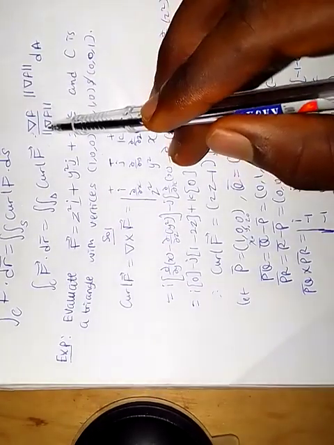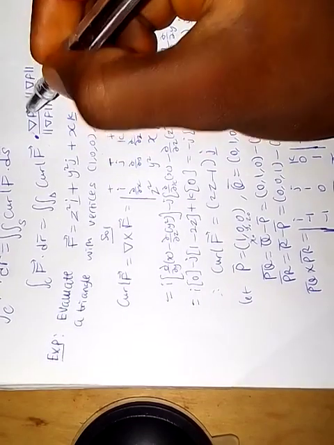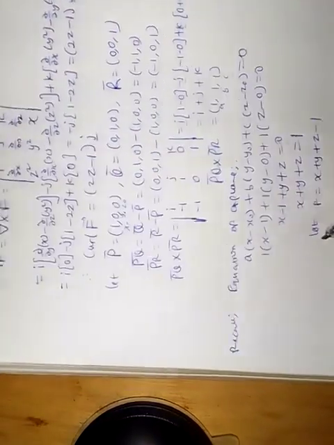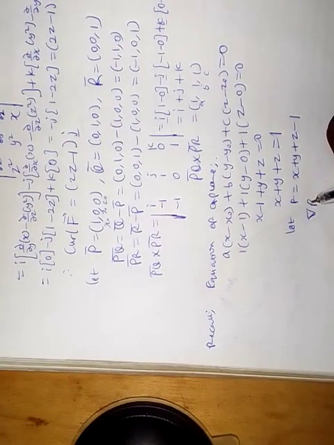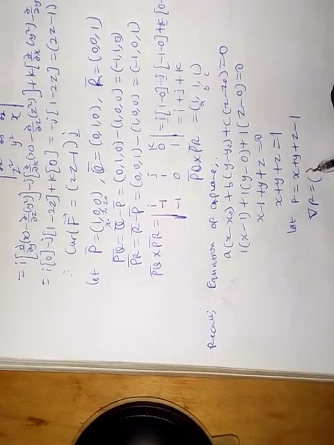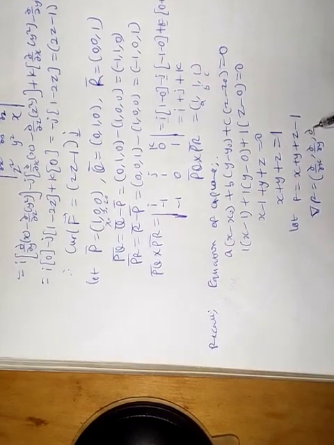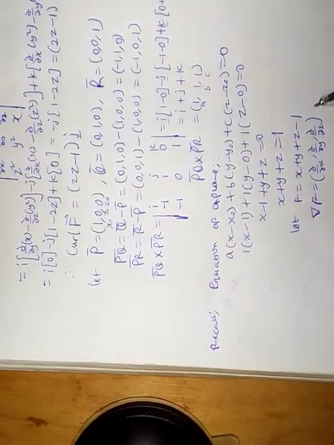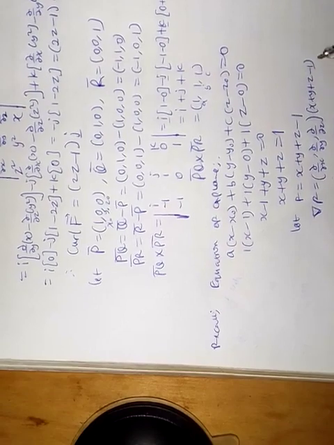So we take the gradient of F. Don't forget that this is a dot product. Since we have obtained F here, grad F is simply partial x, partial y, partial z times this function, which is x plus y plus z minus 1.